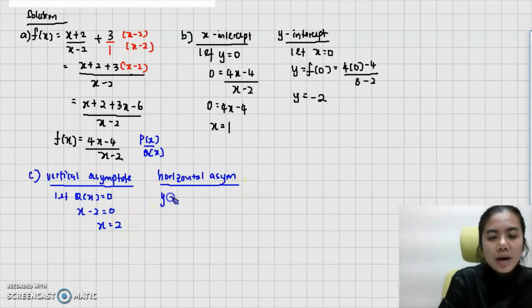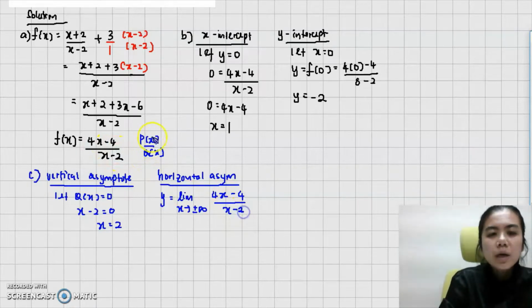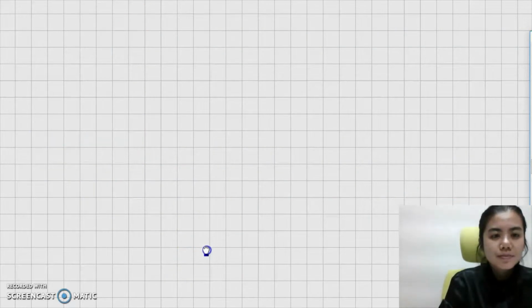So you have y and a limit, as x approaches plus or minus infinity, of p over q, which is 4x minus 4 over x minus 2. Again, try to apply the knowledge that we have in limits.